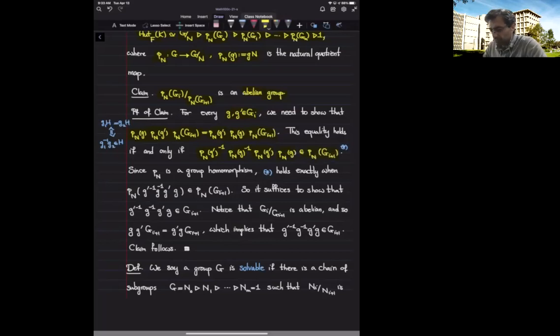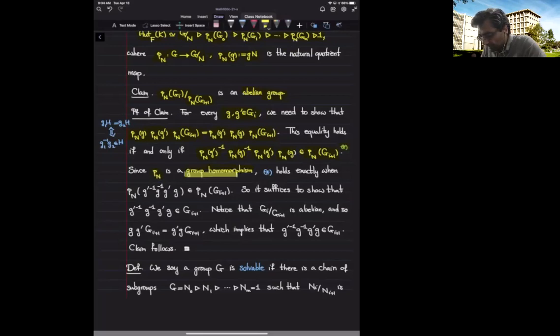So this is equivalent to saying that if this star holds for every pair G and G prime, that's equivalent to saying that the quotient is an abelian group. But remember, P sub n is a group homomorphism.